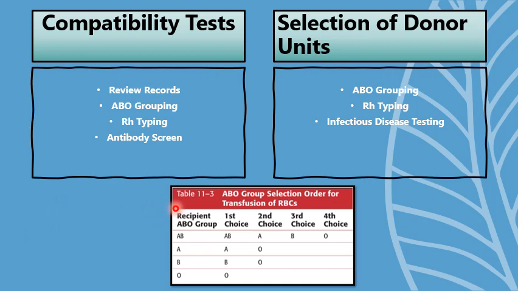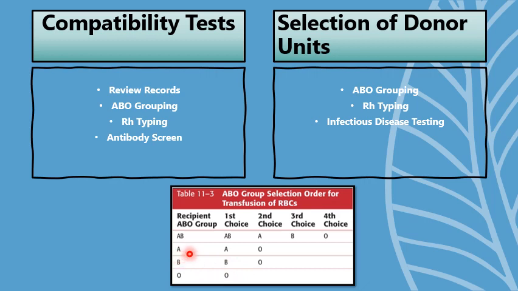So, Table 11.3 will show you the ABO group selection order for transfusion of RBCs. So, for example, your recipient is AB. So, the first choice should be AB also. Second choice will be A, and the third choice is B, and the fourth choice is O. Okay.